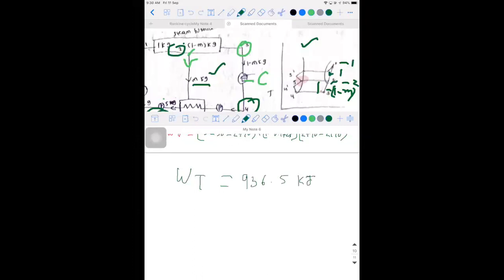And now we'll go with the next one. After getting this WT, we'll neglect the pump work, sir. He has not mentioned anything regarding the pump. We can neglect pump work.